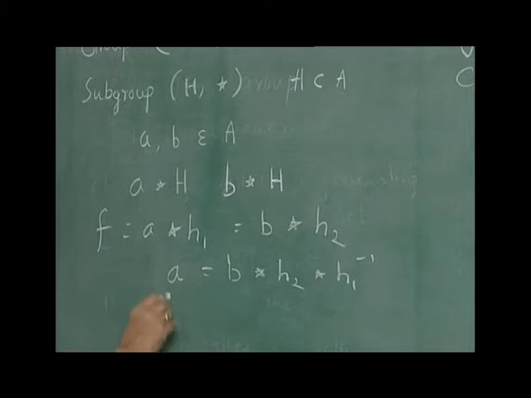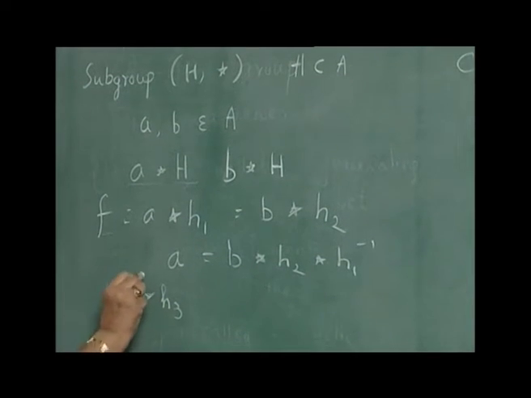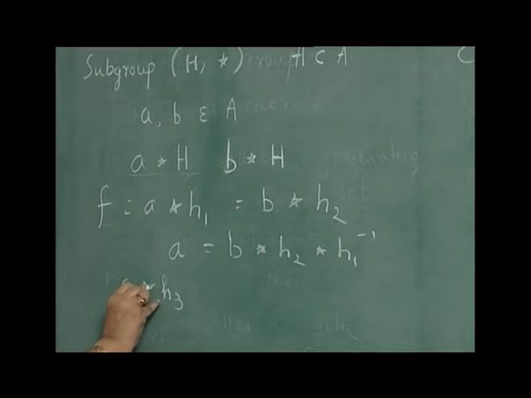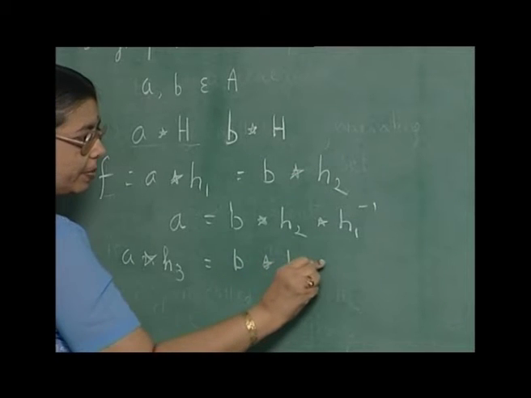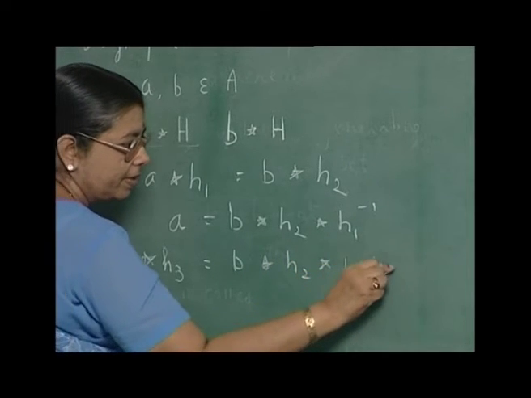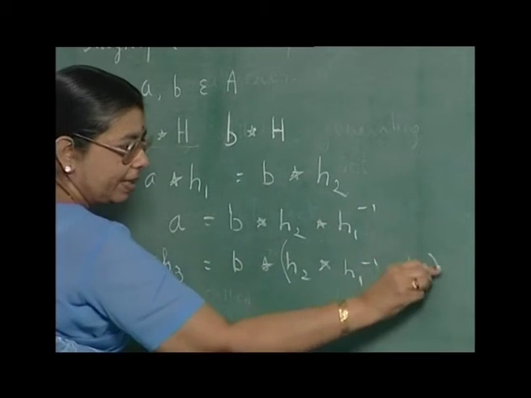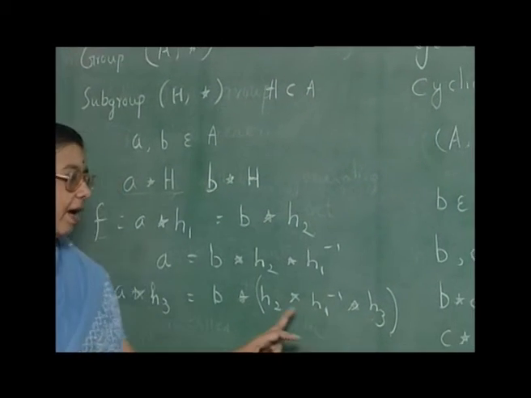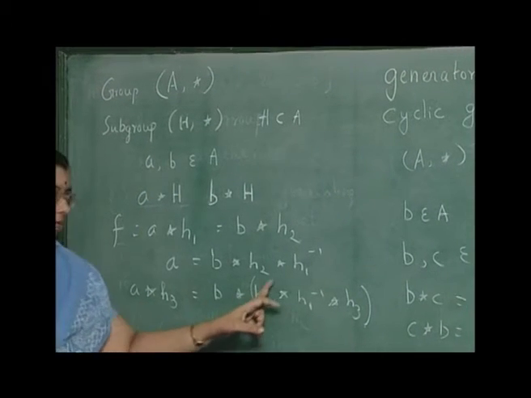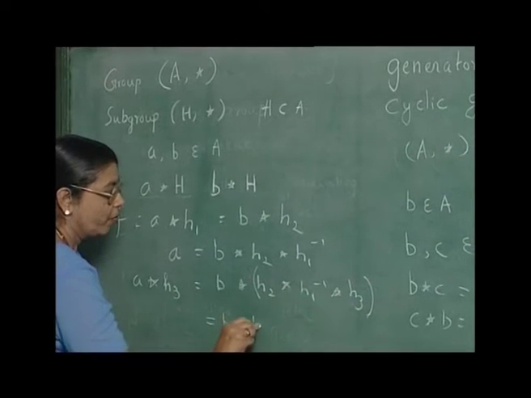Now, take some element in a star H, it will be of the form a star h3. Any element here will be of the form a star h3 and that will be of the form b star h2 star h1 inverse star h3. Now, you look at this, because of the associative property I can group like this. h2, h1, h3, they are all elements of H. So, this will be an element of H. So, this you can write as b star some h4.